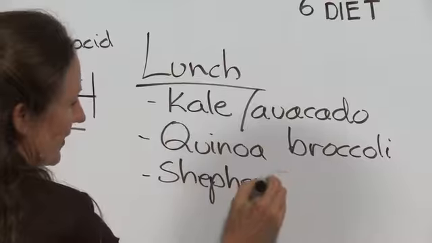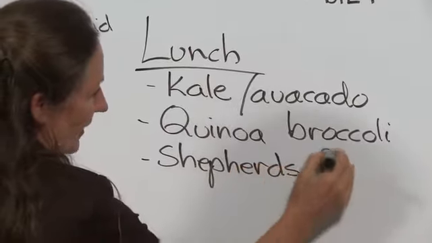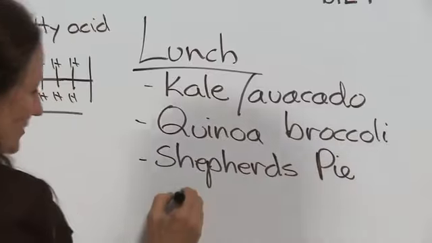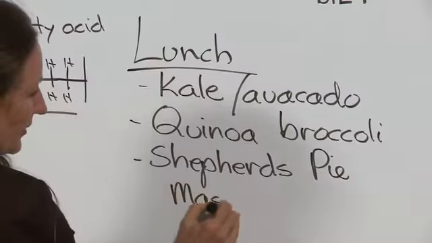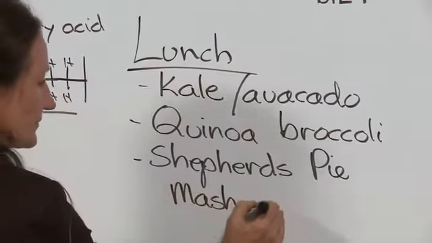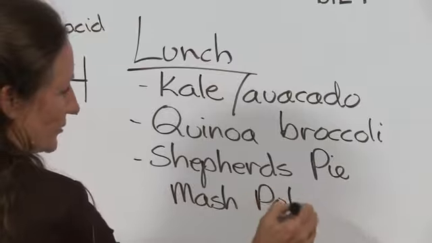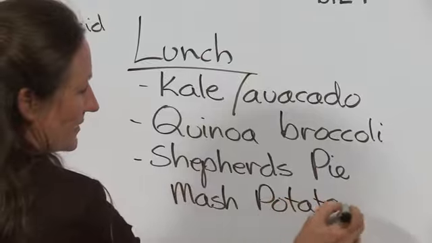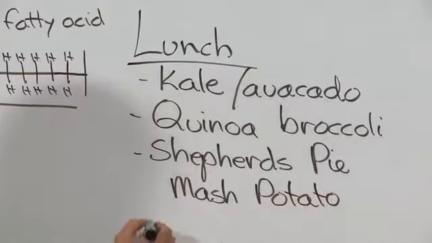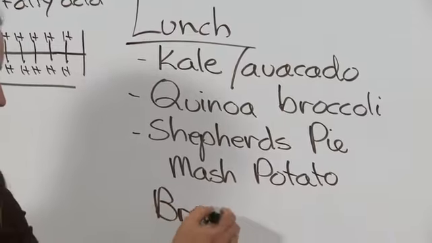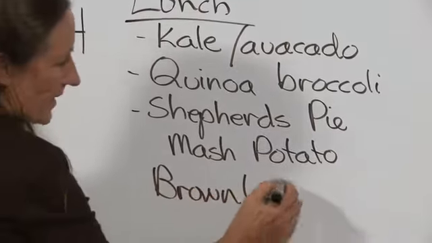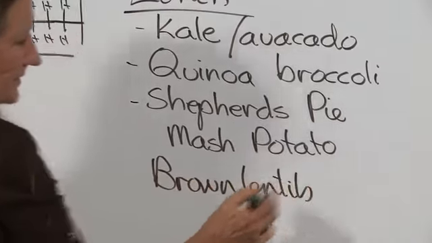And the shepherd's pie had a topping of mashed potato, and the nicest way to mash your potato is with olive oil and Celtic salt. Mashed potato. And underneath the mashed potato there was brown lentils in a savoury sauce.